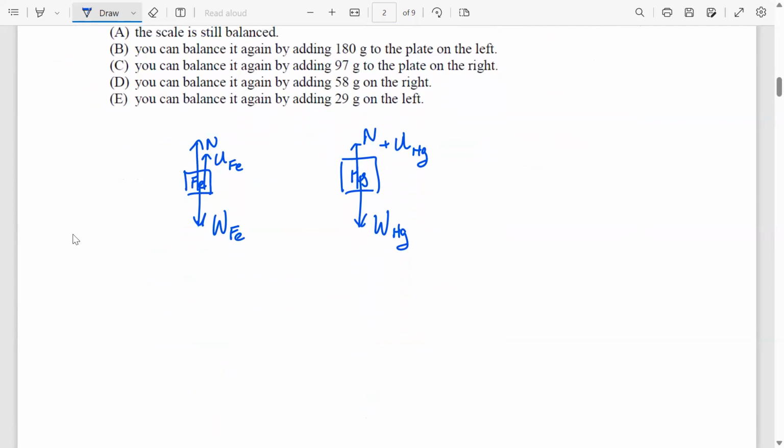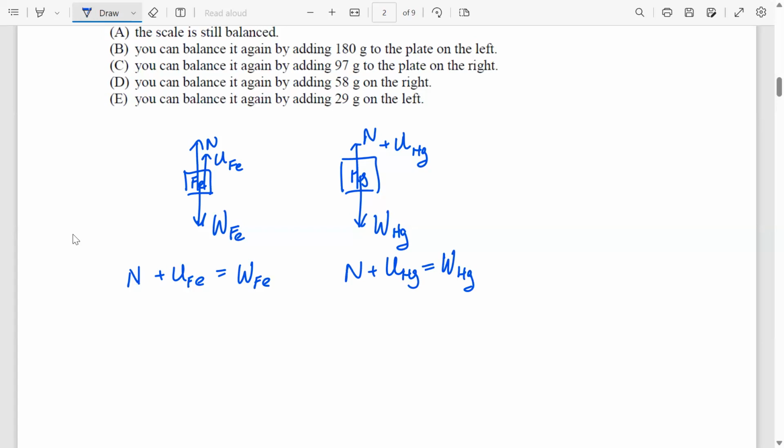So N plus the upthrust equals the weight, and N plus the upthrust equals the weight. Then they are still in equilibrium individually.